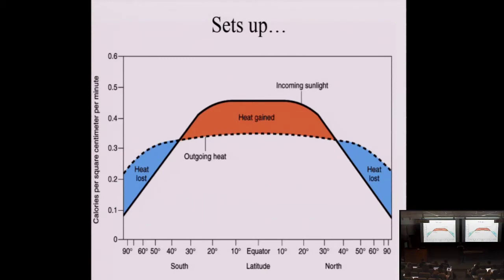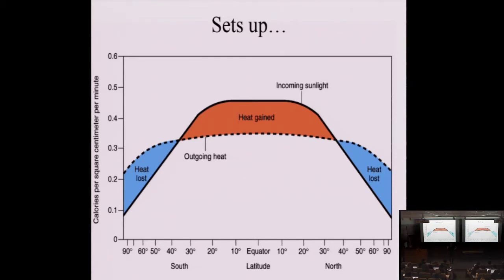If you have $1,000 in your bank account and you're always adding $400 and your bills only come to $300 a month, your bank account balance is going to grow and you'll get rich. But it's not such a good situation on Earth, right? If it's always getting hotter and hotter and hotter in a region, and Earth, as we know, is 4.6 billion years old, it could be that we end up with equatorial regions of positive 30 trillion degrees, which obviously is unsustainable.